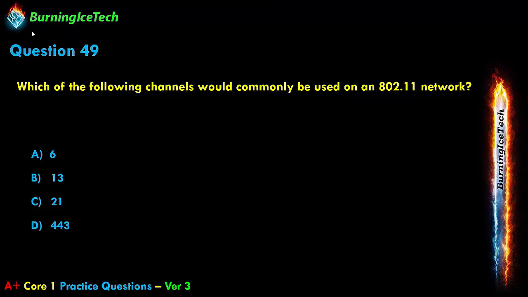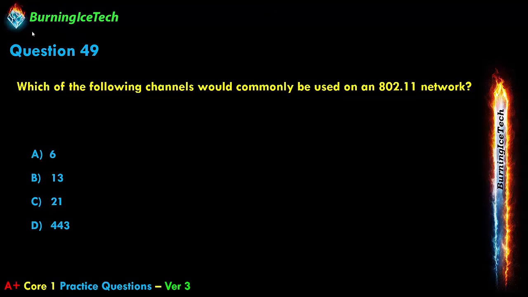Now, that's not necessarily what my question is asking here. My question just wants to know which channel out of the answers below is commonly used with 802.11. Not necessarily which one gives you the least interference, just which ones are associated with 802.11. Well, guys, I told you there's only 11 channels. So it's from channel 1 all the way through to channel 11.